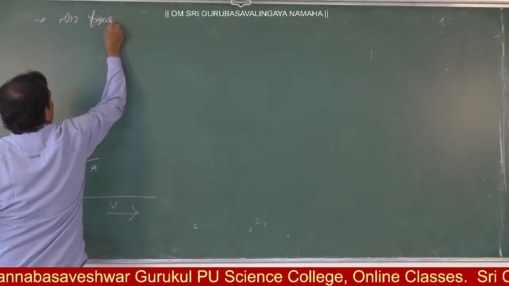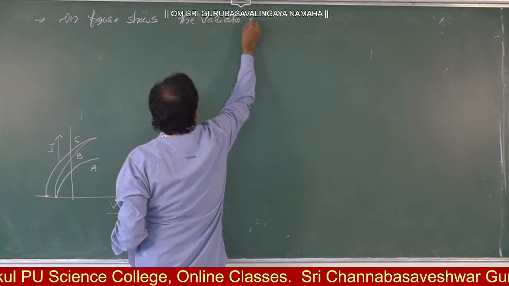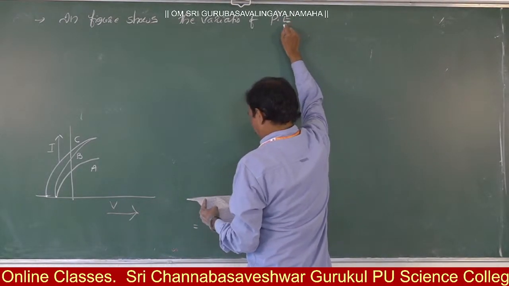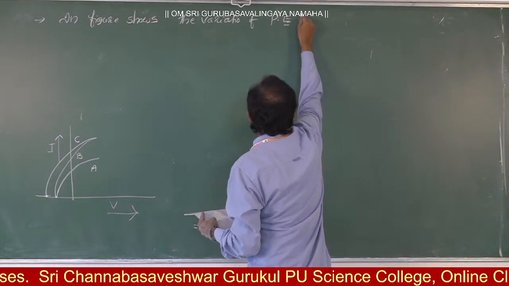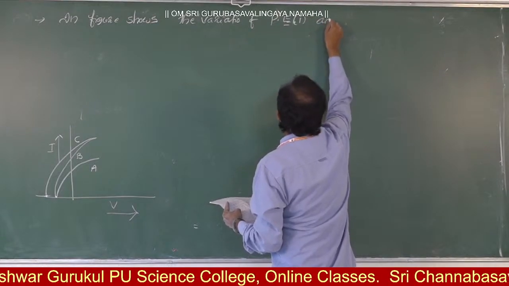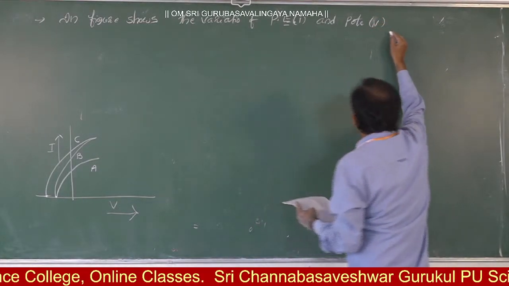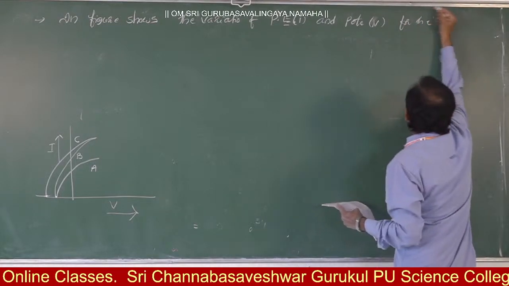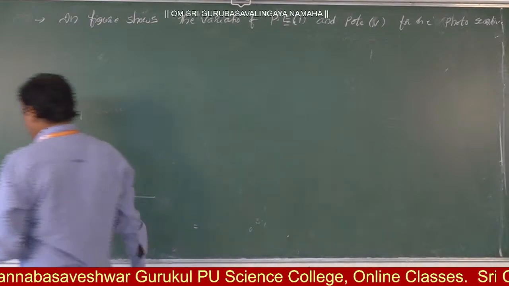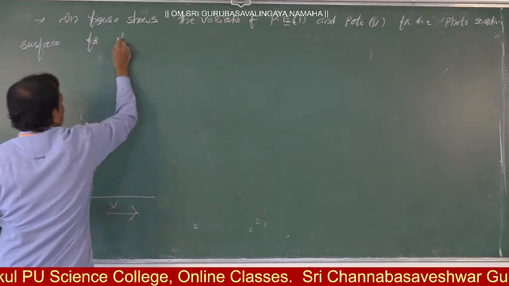The figure shows the variation of photoelectric current I and anode potential V for the photosensitive surface for three different radiations.